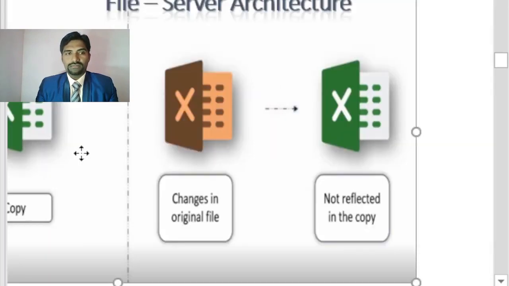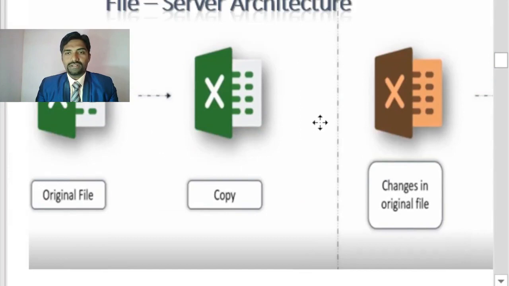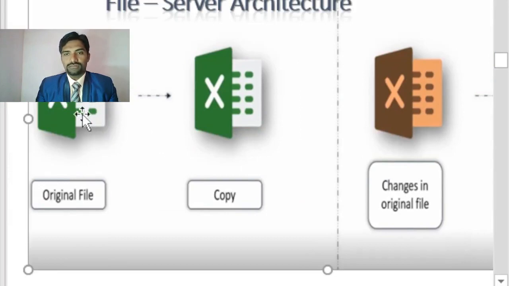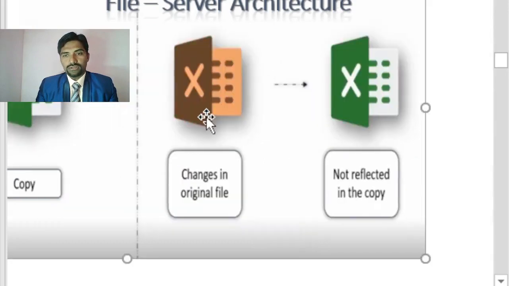For the file server architecture, just look at an Excel file. We have an Excel file in our local system. Imagine you are sending this Excel file to your friend. A copy is sent to your friend. Then if you make some modification in your local system to that same Excel file, it will reflect the changes only within your system. It will not reflect in the copied file or your friend's file.